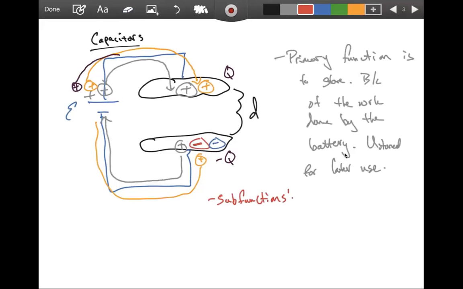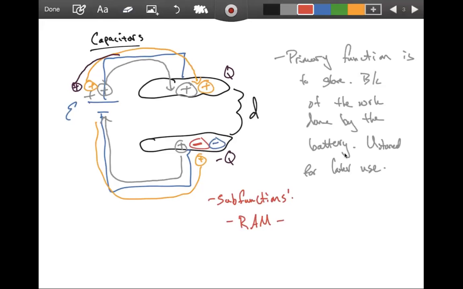Other functions that this can have are, for example, this is your RAM in your computer. So the RAM, or basically the temporary memory of your computer, as you're using your computer to do calculations, is made up of a string of capacitors.